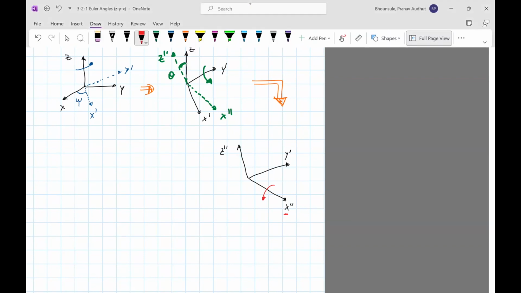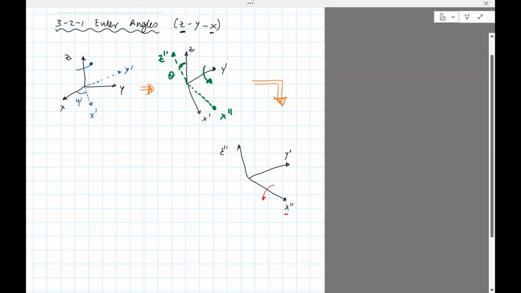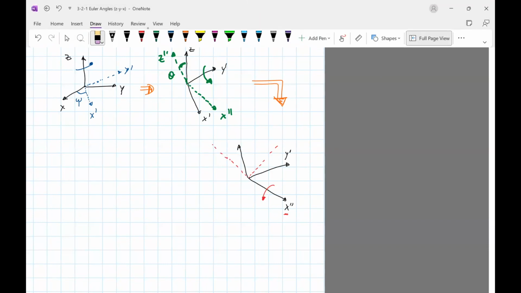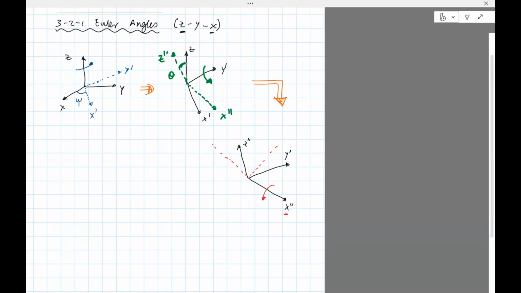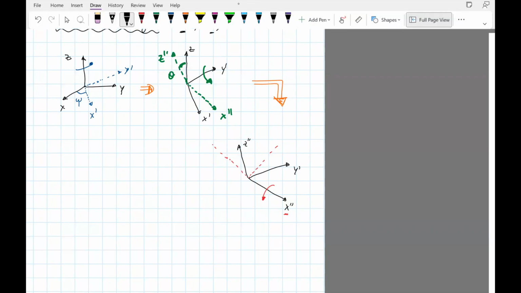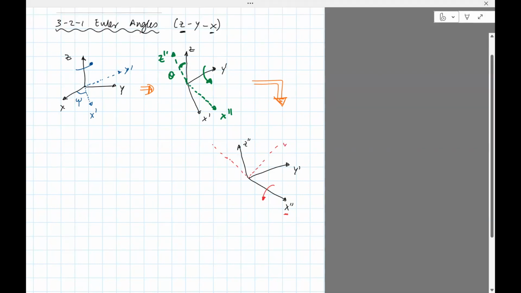It will move in the YZ plane, so this will be the new Y and this will be the new Z. I'll call that Y triple prime because it's the third rotation, and Z triple prime. And this angle is phi.